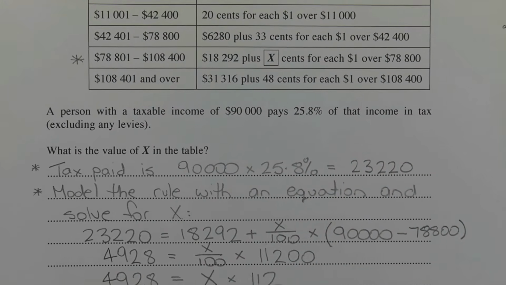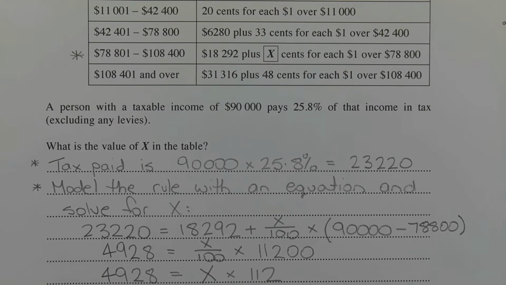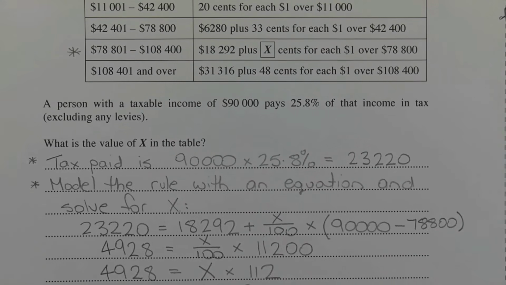So going back over this again, the equation is 23,220 is equal to 18,292 plus x over 100 times 90,000 minus 78,800 in brackets. Now we need to solve the equation for x.